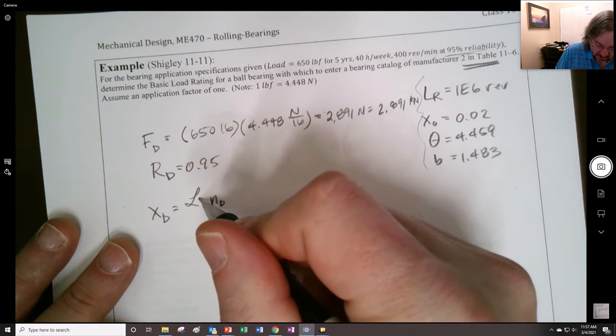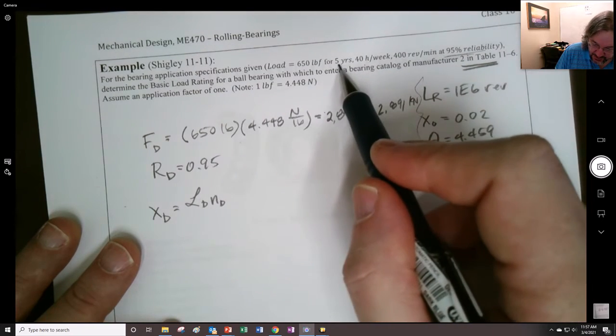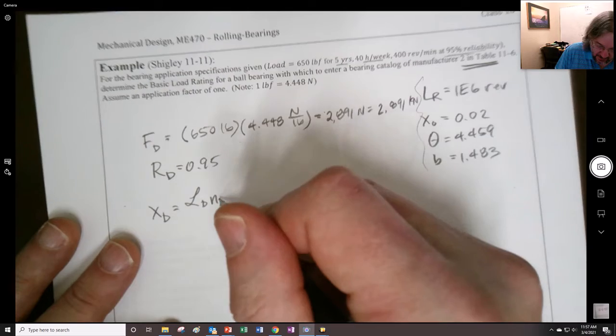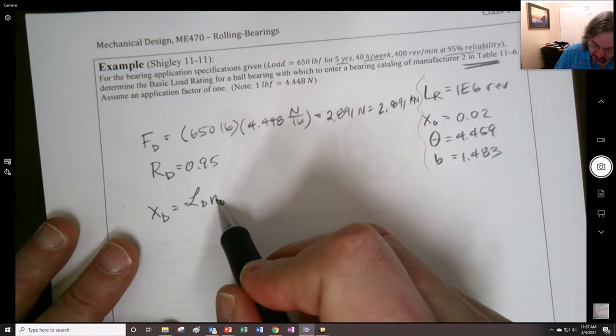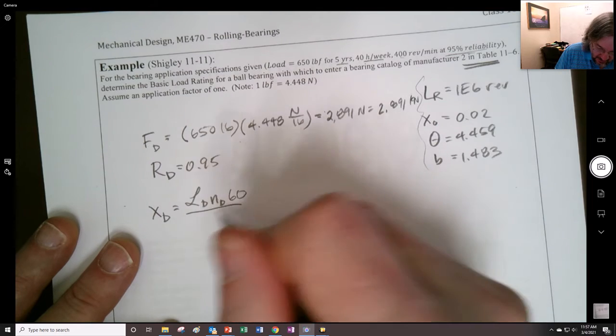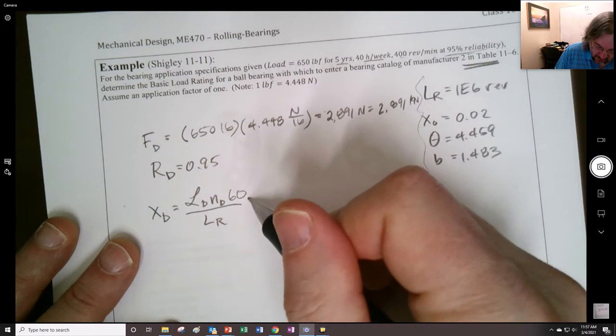Here's the desired life: we see 5 years, 40 hours per week right there, and there's going to be 400 RPM right there, and we also have our 60, and we're going to divide it by that rated life right here, right?